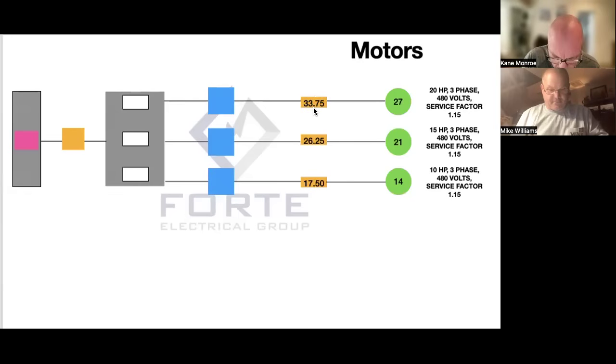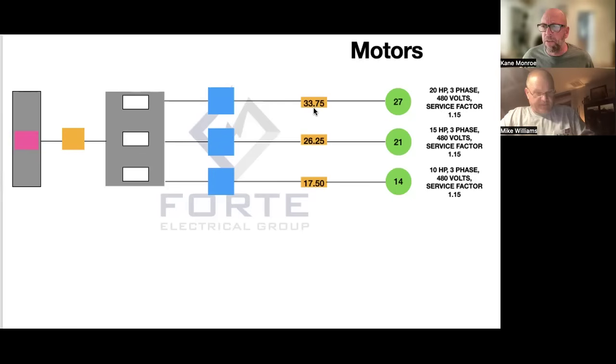Now you go down into your 75-degree column and skim down to see where 33.75 will fit. At 35. Then slide over to the left and find the wire size. Number 10 wire. There it is.